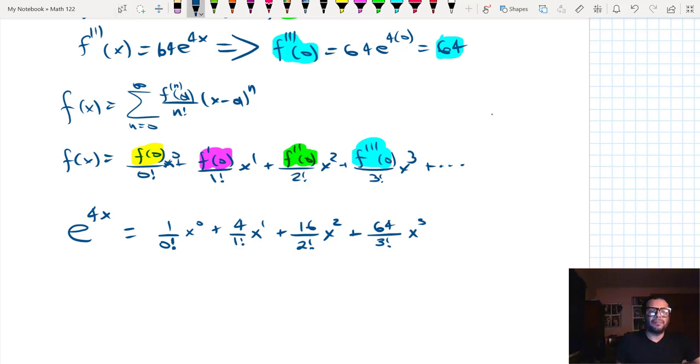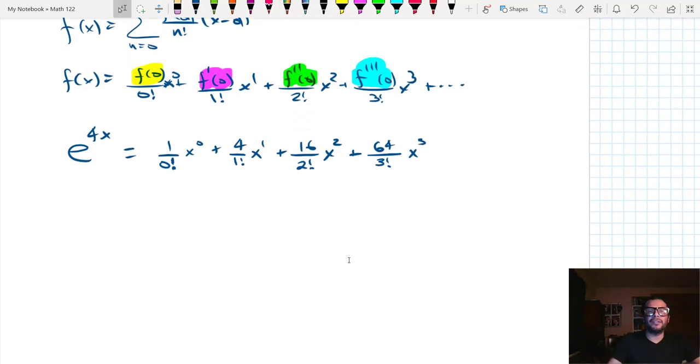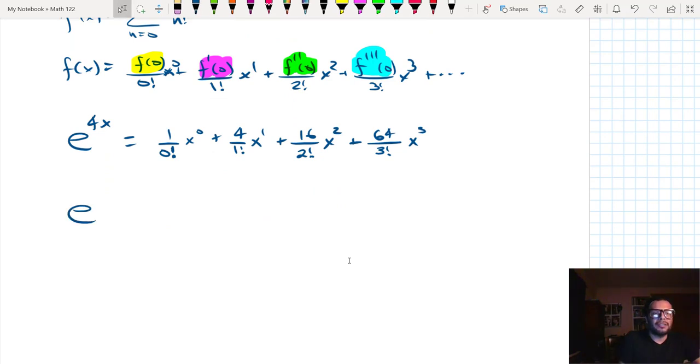Okay, so now our job here is to find, by using pattern recognition, a series representation for e to the 4x. Well, let's start with sigma n equals 0 to infinity. That's something to start with. Let's look at the sequence of terms in each denominator.